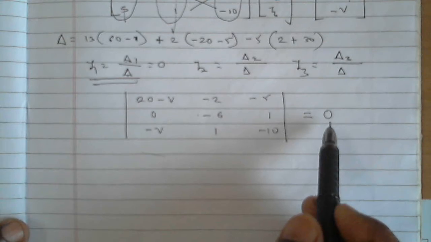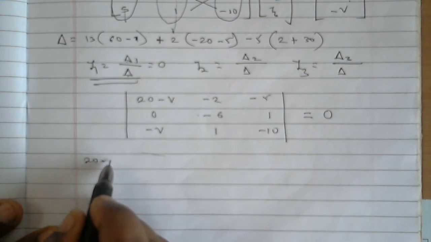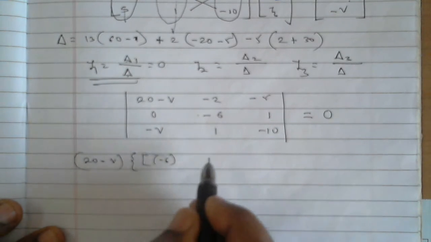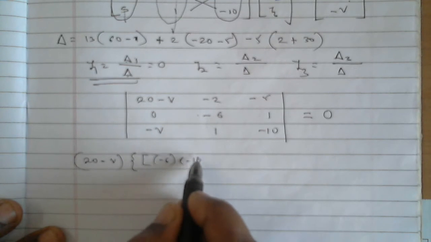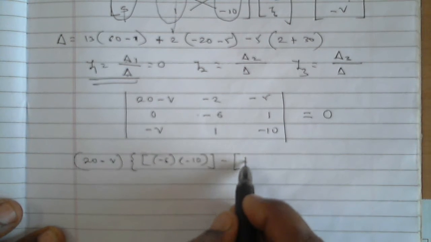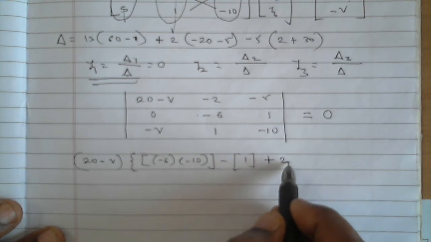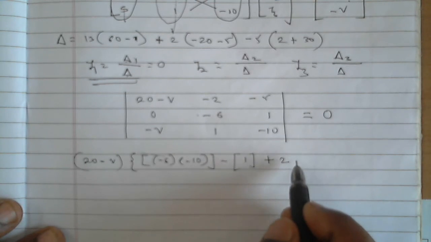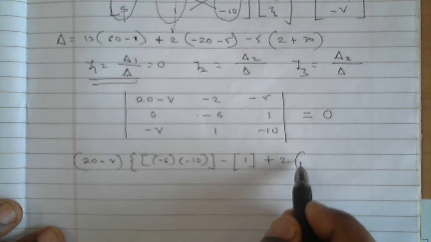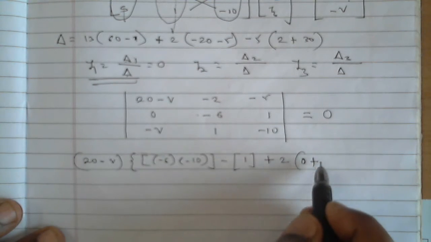So this is 0. Now by taking a determinant, 20 minus V multiply by minus 6 multiply by minus 10 minus 1 into 1, that is 1, minus minus 2 means it will become plus 2. In similar fashion what I have shown just now, 0 into 10, that is 0, minus minus minus it will become plus, 0 minus minus v, that is plus v.